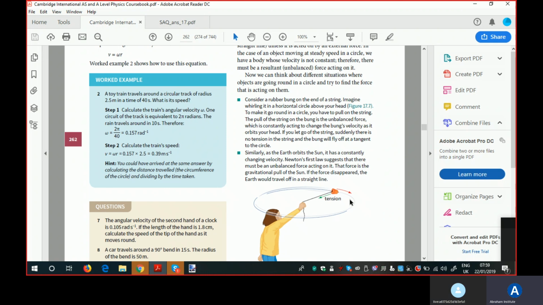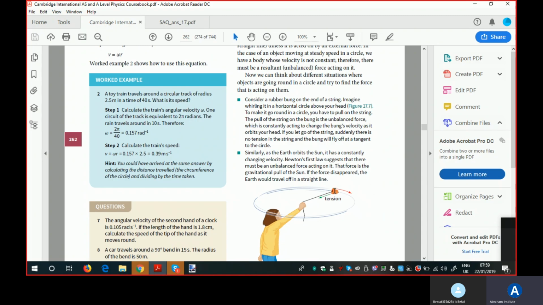So here is another example of circular motion, and let's say she lets go suddenly. If she releases this suddenly, the tension is gone. Then the object will continue to move at a tangent to the circle. Let's say she releases it at this moment. Now this is moving in an anti-clockwise direction when you look from the top.